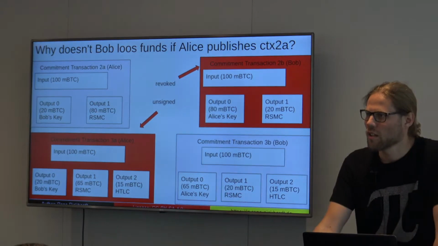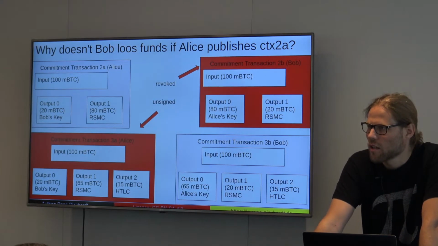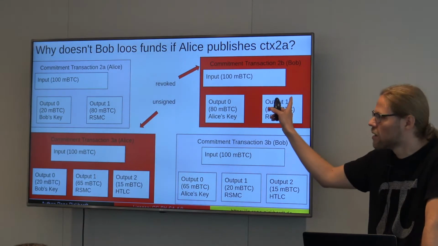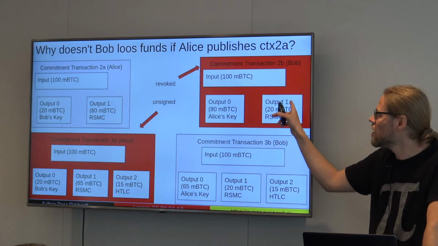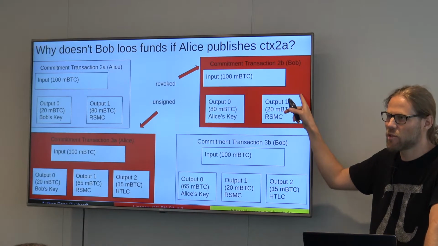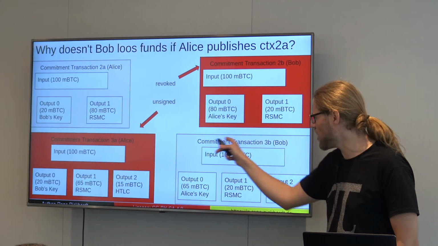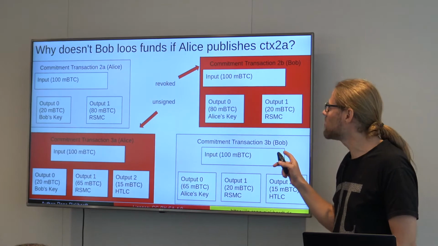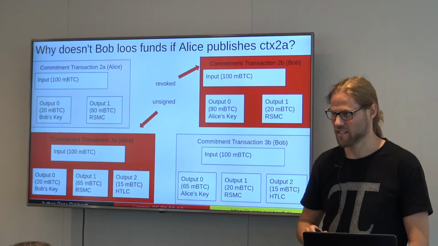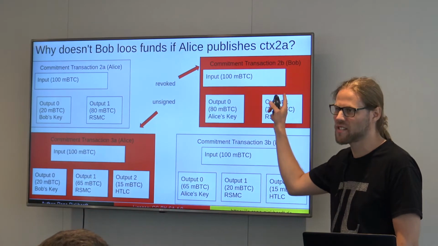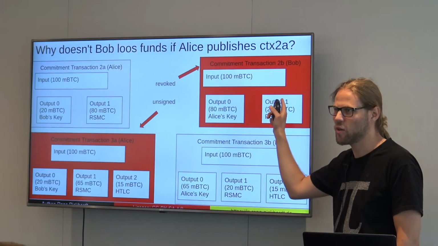Why wouldn't Alice publish the revocation key and publish the transaction that was revoked? This transaction, Alice never sees. So Alice can construct this transaction, right? And in the same way as Alice can construct this transaction, she never sees it signed, right? Because she doesn't have Bob's key to sign this. Bob never sends over his key.